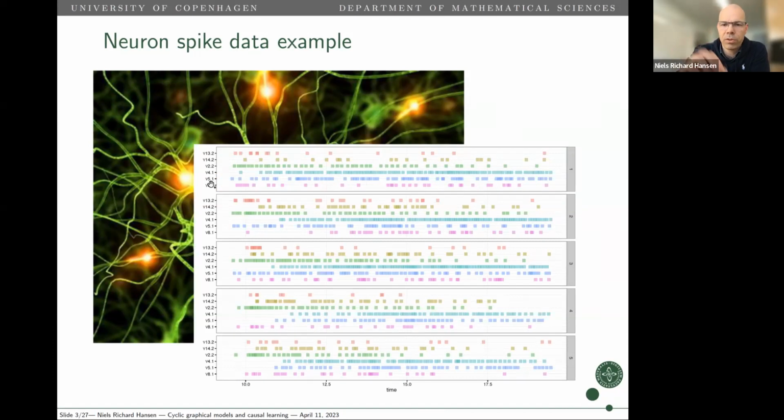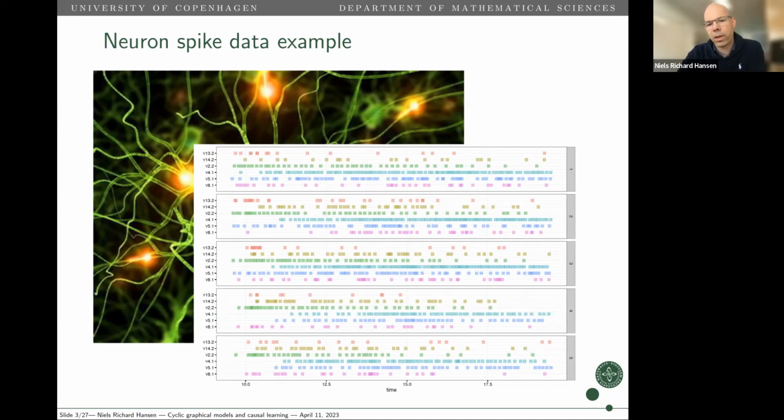You put electrodes into the tissue, and you see at different time points the different neurons spike, and these are very short signals. So they are typically just recorded as a single time point, as an event happening at this time point. In this case, there are 5 different replications of the experiment, and for each replication we see all the events happening for each of the different neurons over time.